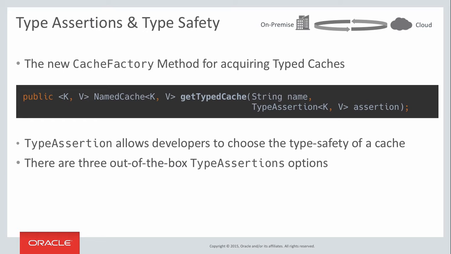However, this poses a potential problem and a challenge in distributed systems where individual applications and deployments may actually be for different purposes, may have different versions, and you may not be able to assume that every deployment, every version is using the same types, or in fact using the same caches consistently.